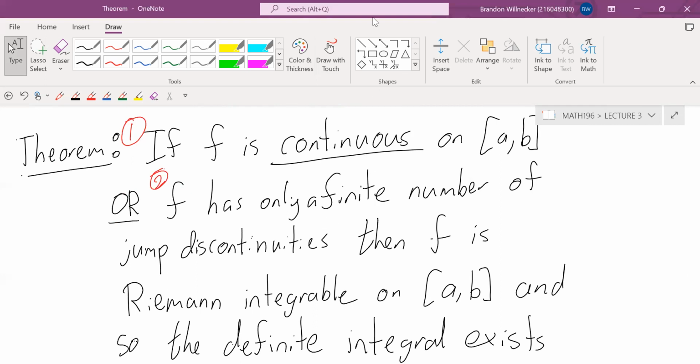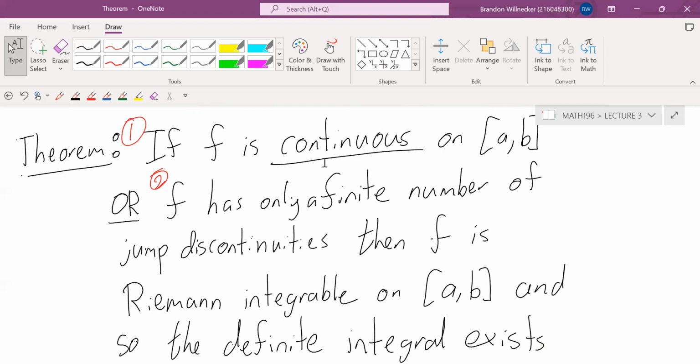So in that case, you can integrate those. So we don't need to worry too much about whether the function is Riemann integrable or not. Okay, so if you can see it's continuous, that's more than enough to show that it is Riemann integrable. Okay, so that's just a little bit of technicality there.